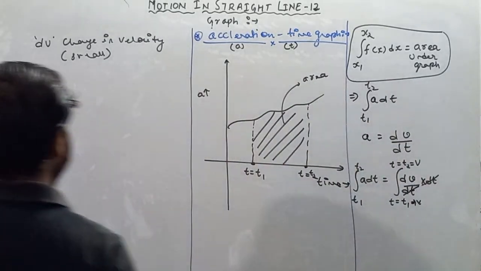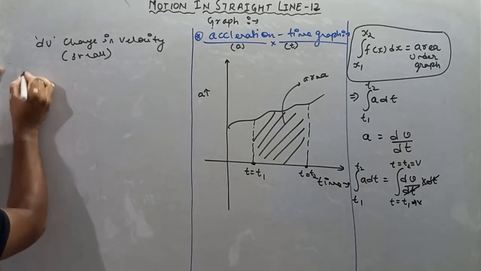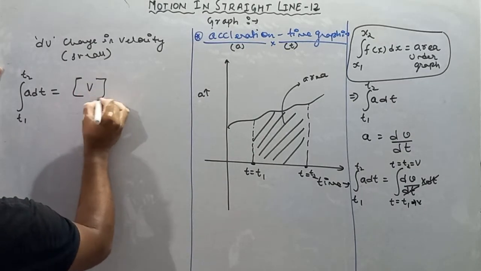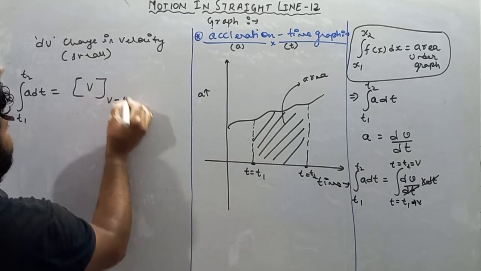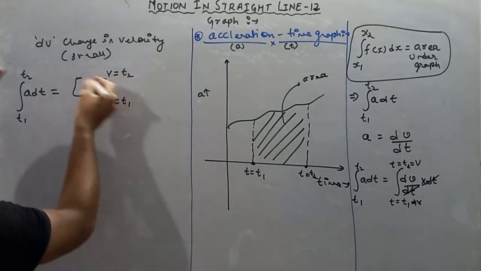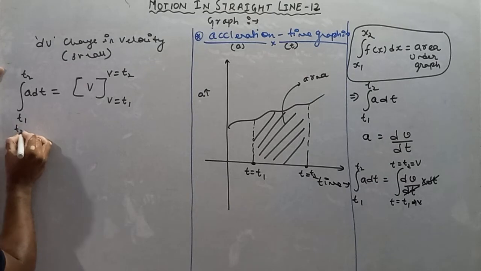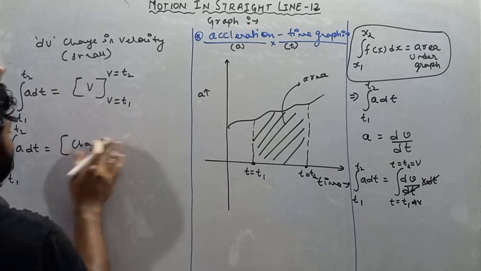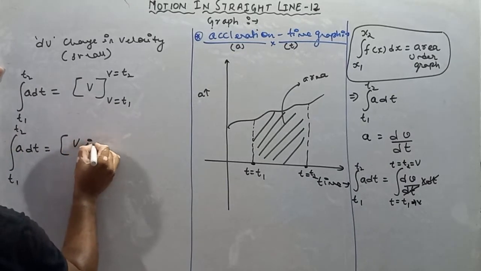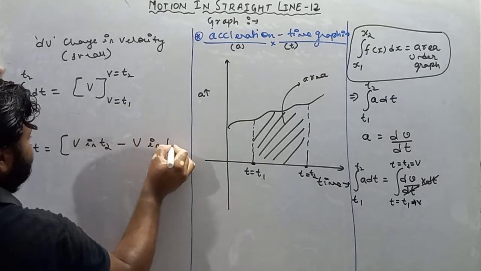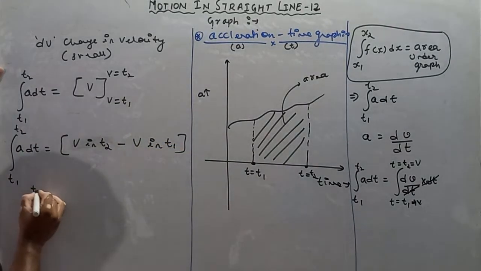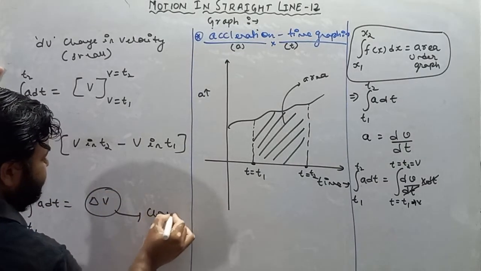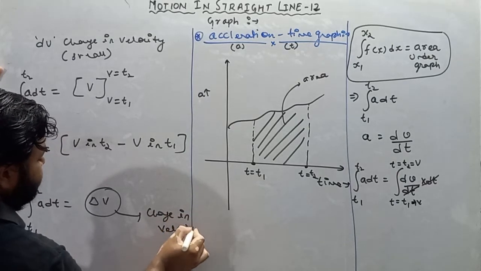So if I write here, the integral from t1 to t2 of a dt is equal to the change in velocity, that is velocity at t2 minus velocity at t1. So the integral from t1 to t2 of a dt is equal to the change in velocity, delta v.